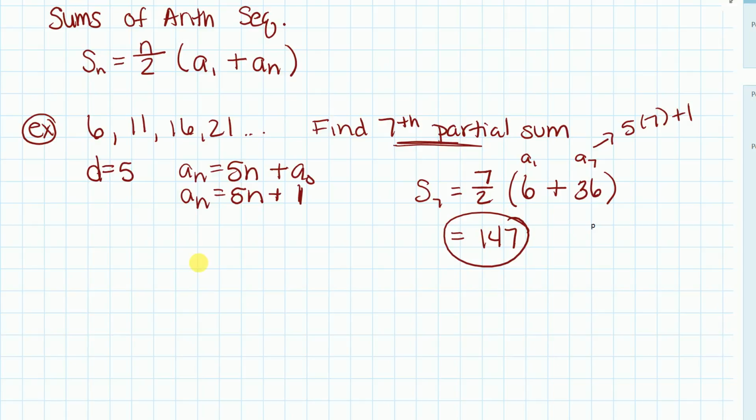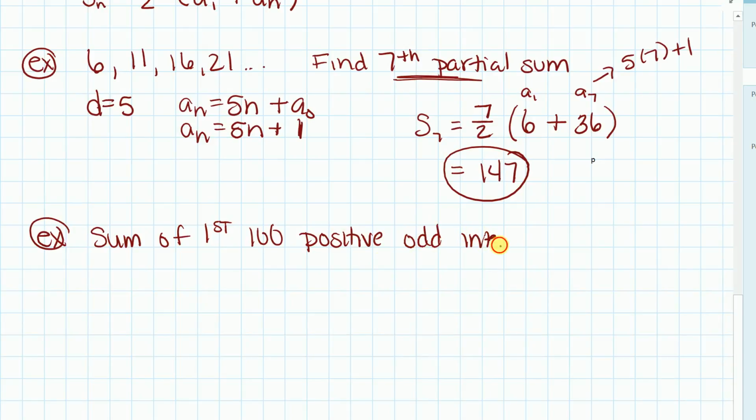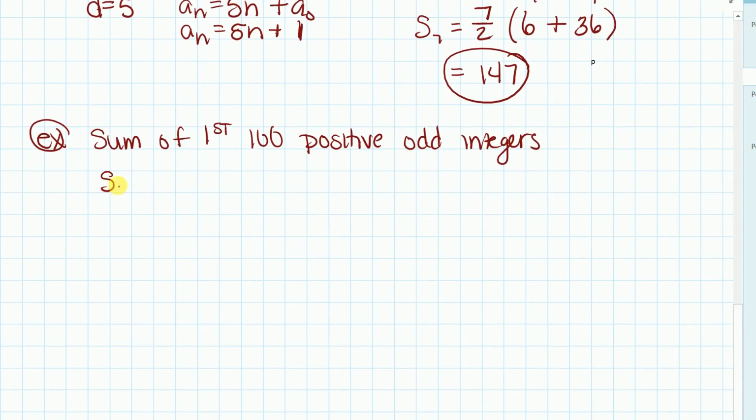All right, so just doing some more of these. Now we're going to find the sum of the first 100 positive odd integers. Okay, so I know I'm doing a sum of 100 numbers divided by 2, so I've got to figure out the first positive odd integer and the 100th positive odd integer. If I'm going up by odd integers, I'm going to add 2 every time to go up an odd.